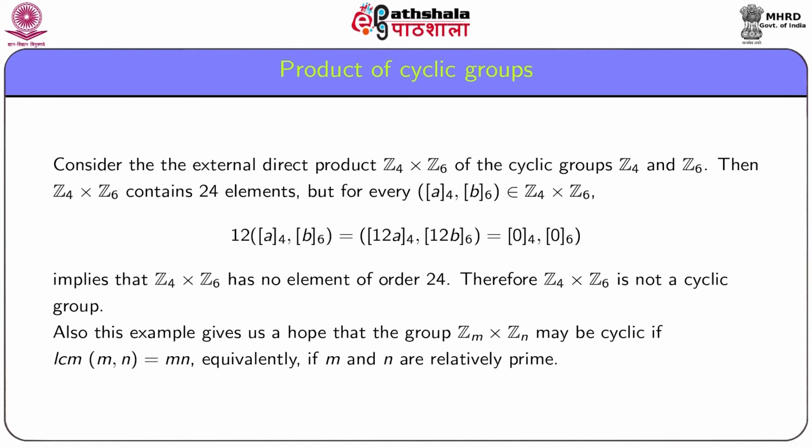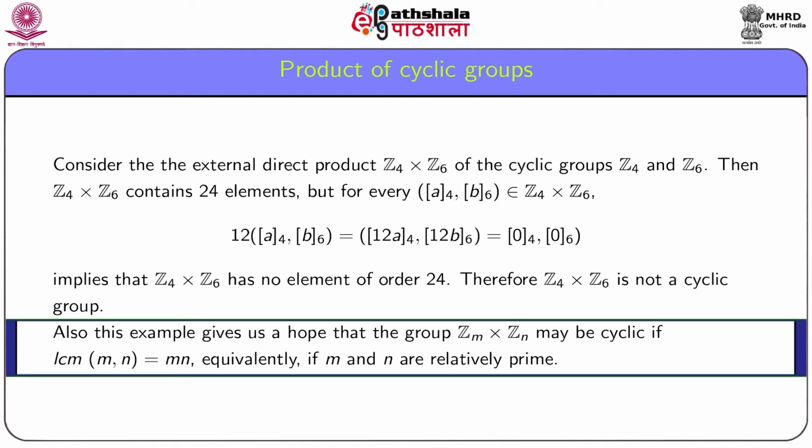Since 12 is divisible by 4, [12a] in Z4 becomes the 0 element, and similarly [12b] becomes the 0 element of Z6. Thus, 12 times ([a], [b]) is the identity element of the group Z4 cross Z6. So, every element of this group is of order less than or equal to 12.